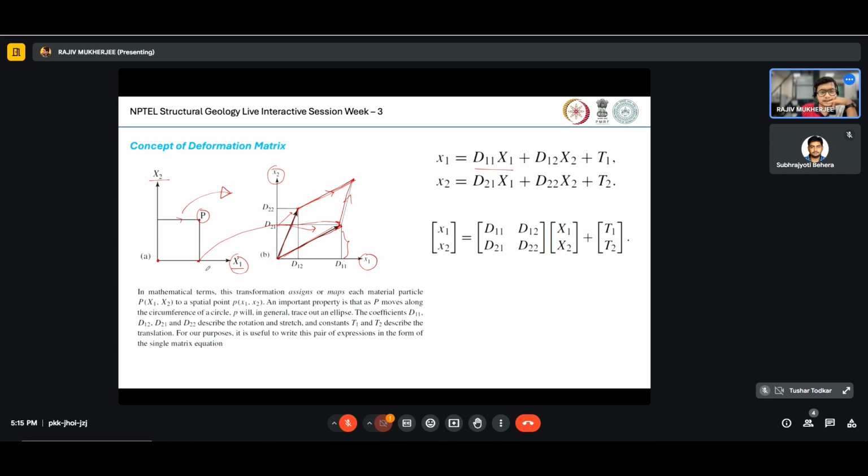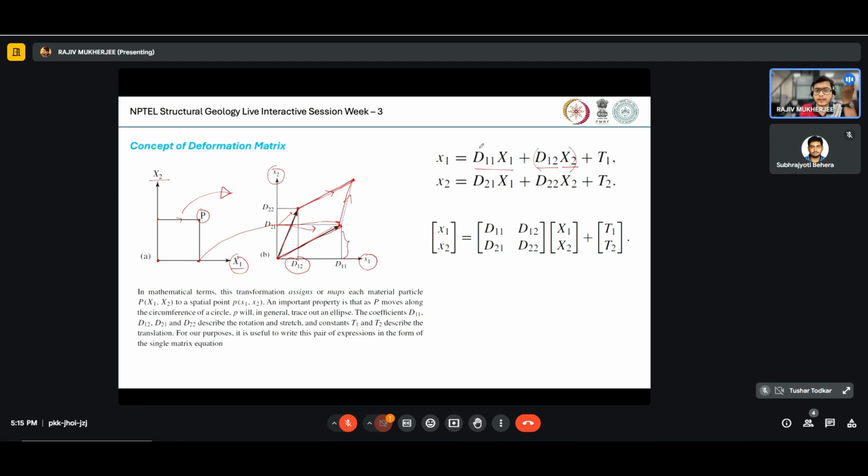And this point has moved to this point, and this component is called D12. So D12 times x2 will give me the amount of displacement, or amount of deformation, that has resulted in the formation of this new coordinate system.